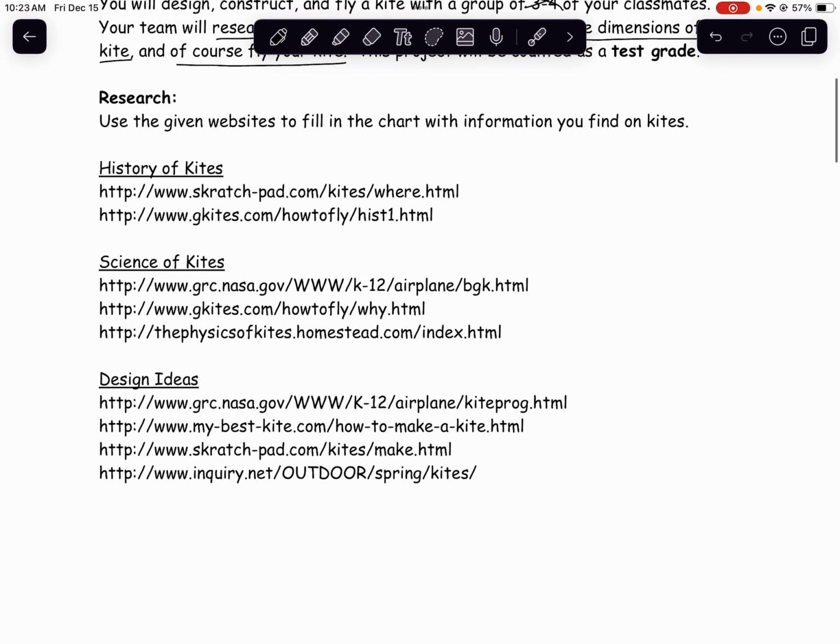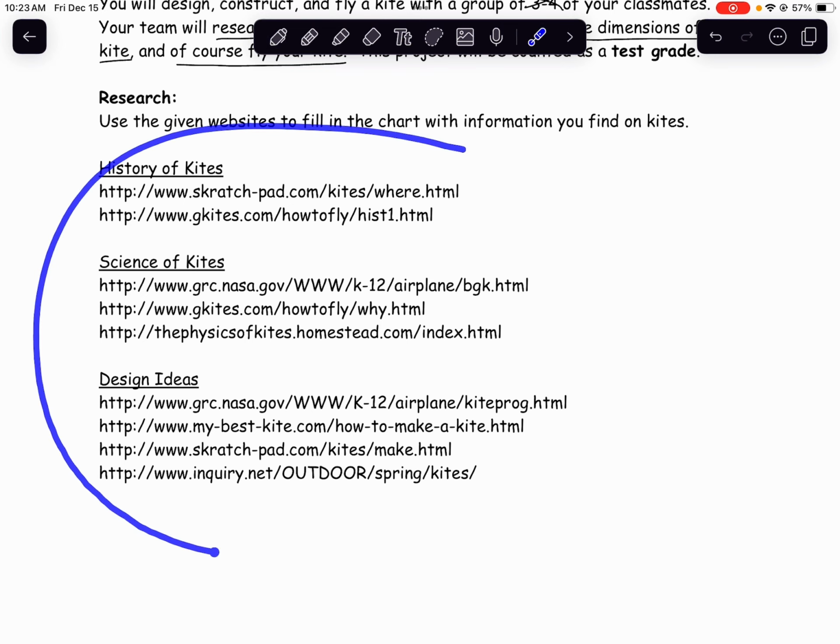All right, so your two main tasks for today. The first one is to research information about kites. Now, I do have all of these websites that you guys can go to, but I'm going to be honest with you, they've added a whole bunch of things on your iPad, you guys know, that block a bunch of things.